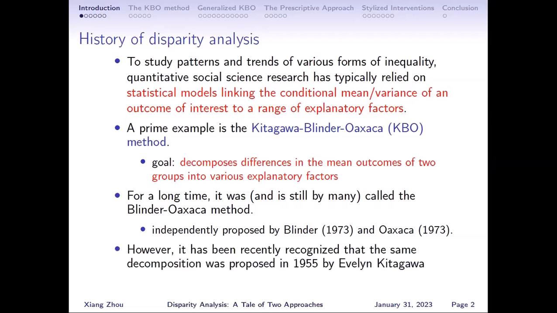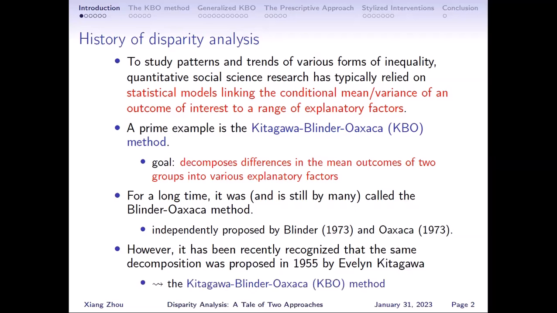But in recent years, it has been recognized that essentially the same decomposition was proposed 18 years earlier by sociologist Evelyn Kitagawa, a demographer in Chicago, who also served as the president of PAA.